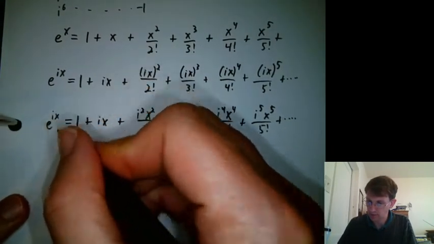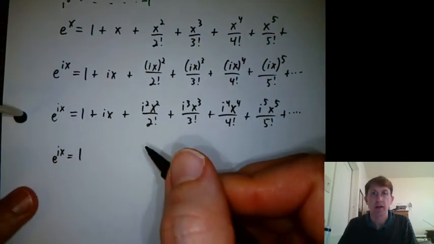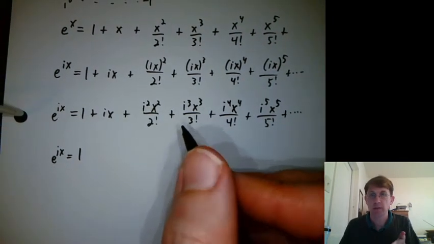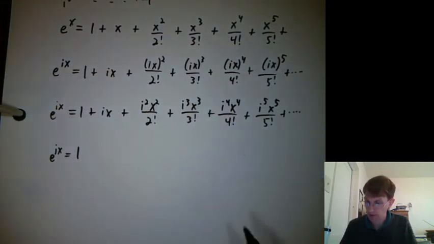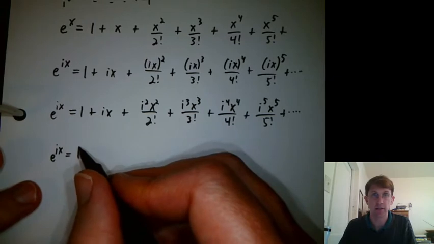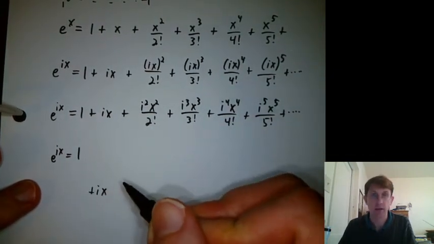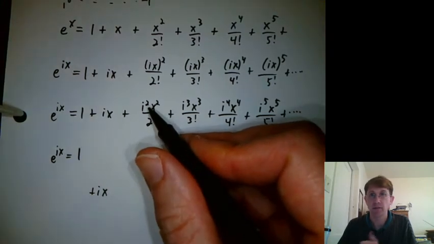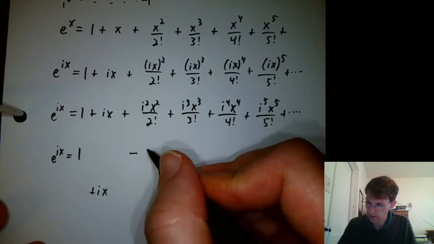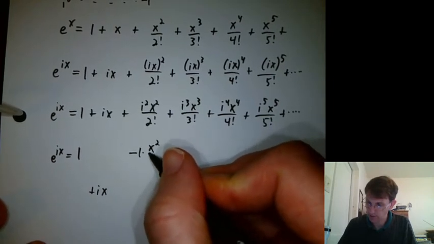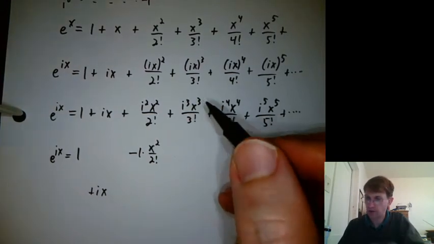So this is still e to the ix. So we have 1 there, and as I simplify things, I'm going to write these on 2 different rows depending on whether they have an i in them or not. So 1 doesn't have an i in it, so I'll leave it on this row. The ix here I'm going to put down here. And then i squared is -1, so all the i's are gone, and I'll have a -1 times x squared over 2 factorial. And then i cubed, what is i cubed?